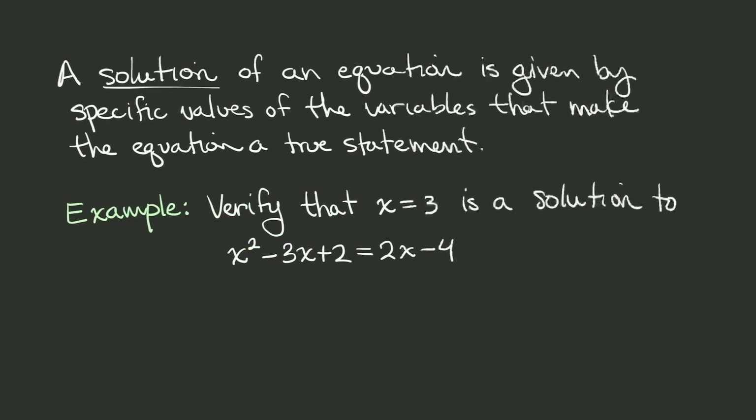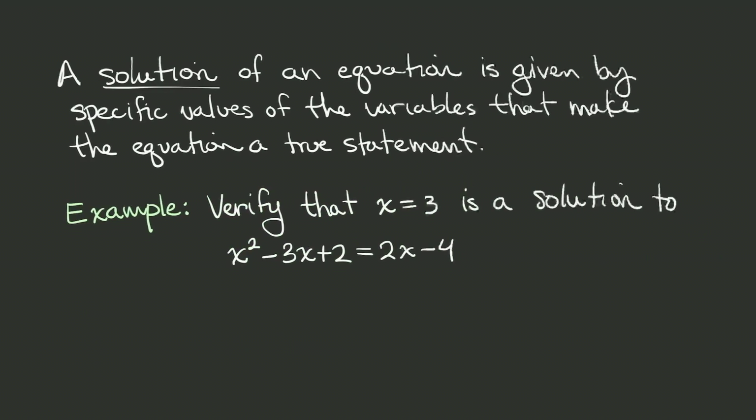For example, let's verify that x equals 3 is a solution to the equation x squared minus 3x plus 2 equals 2x minus 4. In order to do this, everywhere we see an x in the equation, we need to plug in a 3.